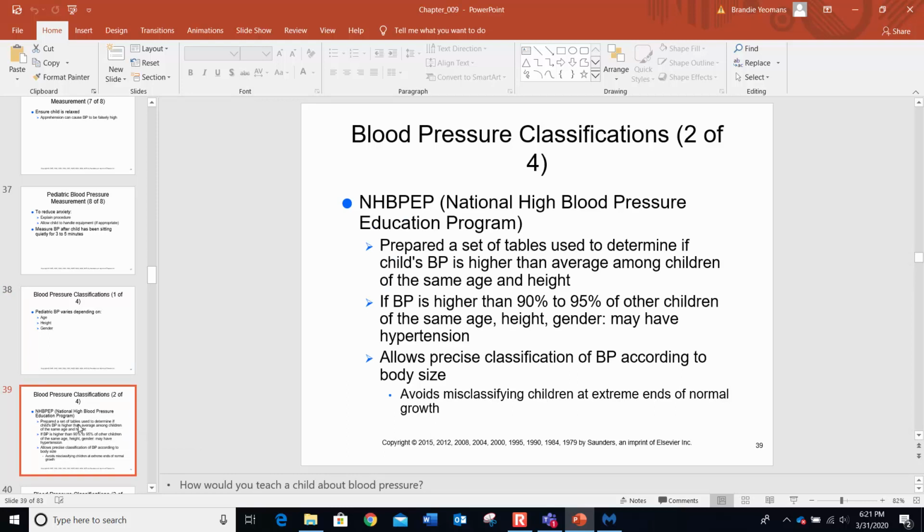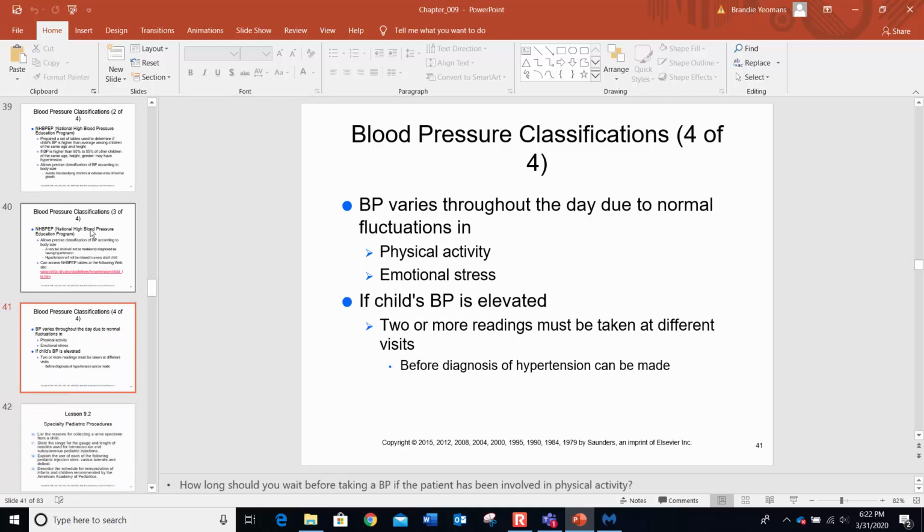So what are we looking at here? There's the NHBPEP, the National High Blood Pressure Education Program, that says here are the normal ones. If a blood pressure is higher than 90% to 95% of other children of the same age, height, and gender, that child may be diagnosed with hypertension.